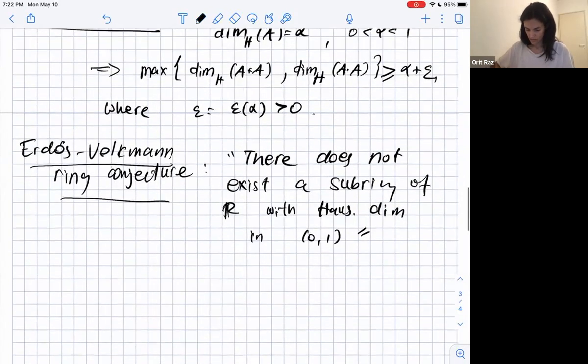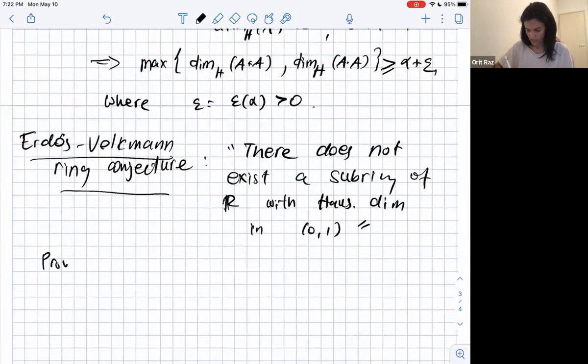So this was slightly before Bourgain published his result. He found out that someone else already proved the Erdős–Volkmann conjecture, but with a different method. So it was proved by Edgar and Miller.